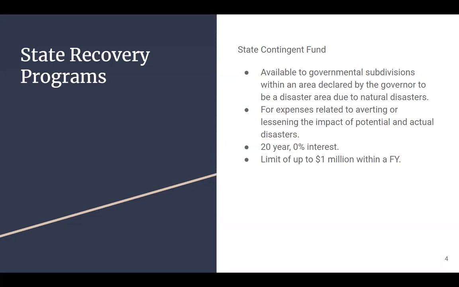And typical expenses or project requests are for recovery aspects that are not covered under a federal program because it's not declared, or if they are ineligible for any other federal assistance.